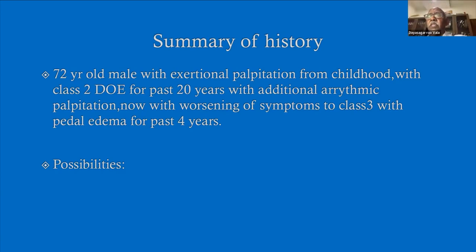So what are the possibilities to have had a disease that is suspected during the childhood, and the patient went on to live till the age of 72 years? He became symptomatic from the age of 10 years. But 10 years to 72 years, almost 60 years, is a long course.